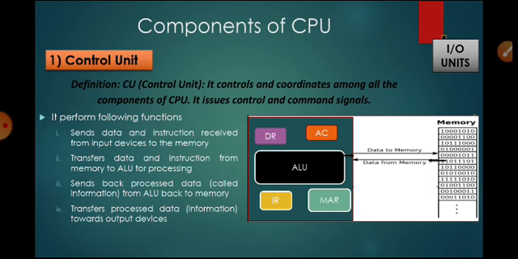As its name tells, control unit, it means it has to control all the components of a CPU. To control the components of the CPU, it generates or issues the control and command signals.